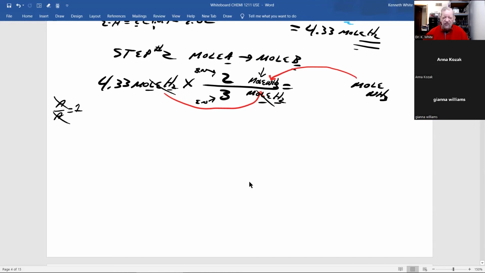I'm left with moles of ammonia, which is where I want to get to. So now I can pick up my calculator. Times 2 divided by 3. And my calculator gives me this answer.